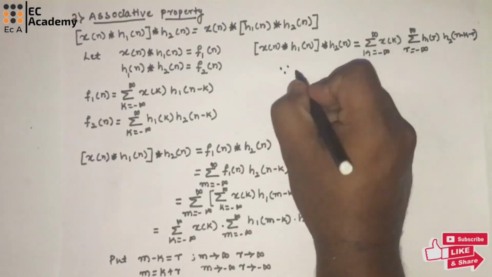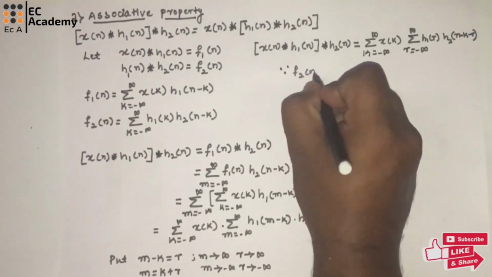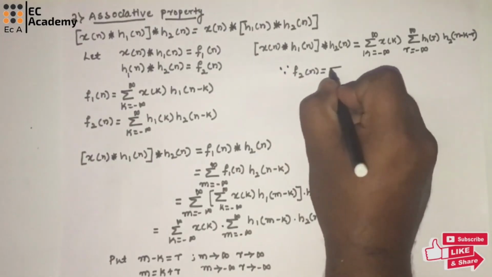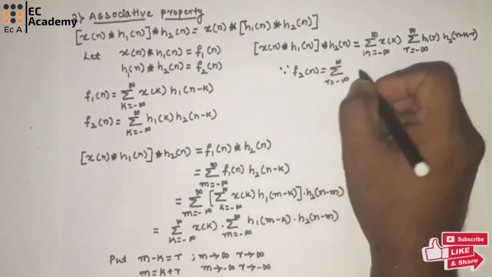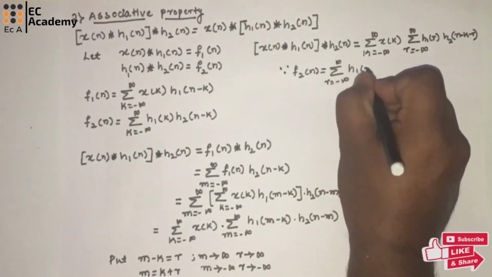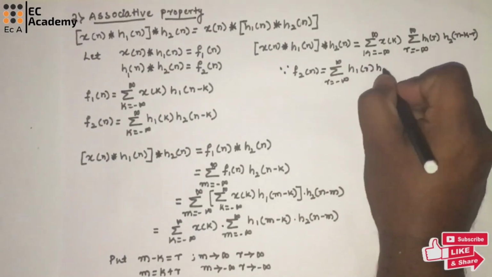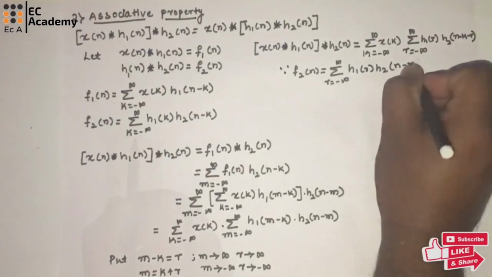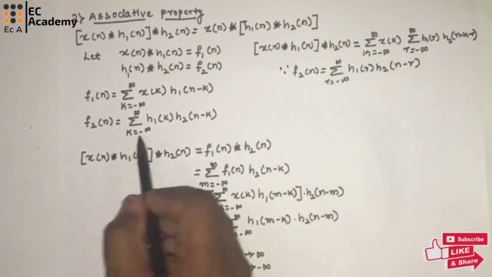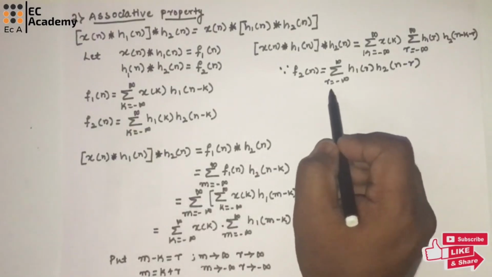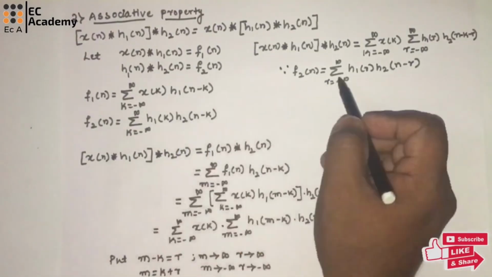Since f2 of n is equal to summation of r is equal to minus infinity to infinity h1 of r into h2 of n minus r, you can see both the equations are same. So instead of k we are having in this equation r, so both the equations are same.